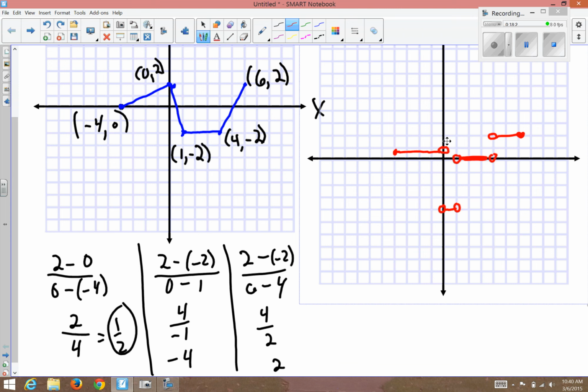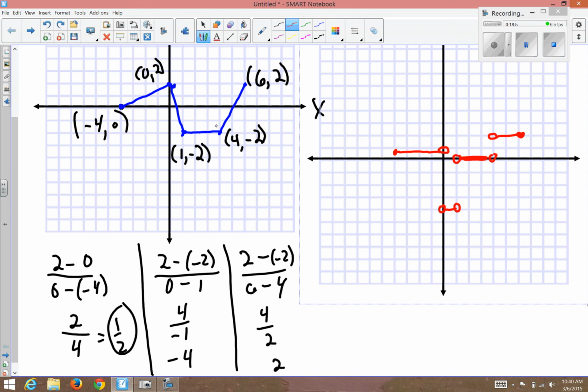But this picture right here, these red line segments, they're all flat, is the derivative of the blue. When I say the red is the derivative of the blue, I mean this is showing the slopes of these line segments. Starts out with slope a half, right there. Next piece has slope negative 4. It's very steep. That's indicated here, way down here.